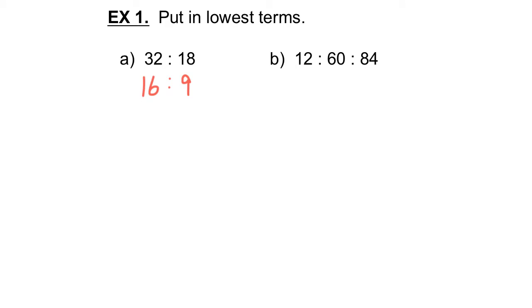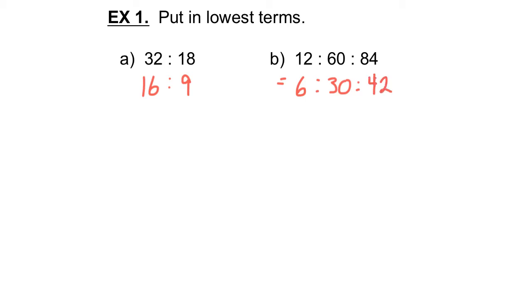So if we do that, 12 divided by 2 is 6, 60 divided by 2 is 30, 84 divided by 2 is, if you're having trouble with that in your head, we can do some mental math. 80 divided by 2, half of 80 is 40, half of 4 is 2. So half of 84 is 42. So we can write that.